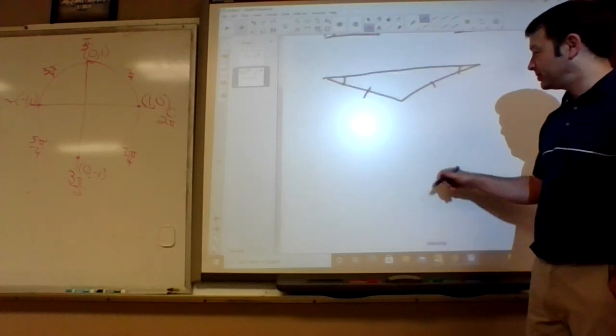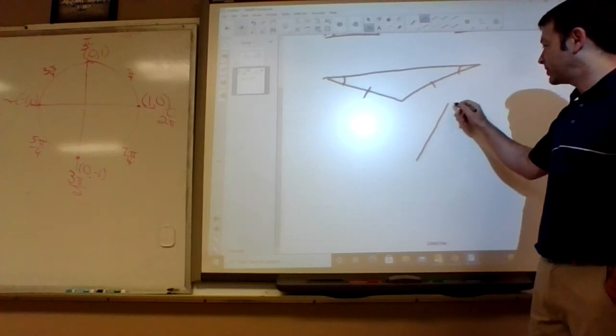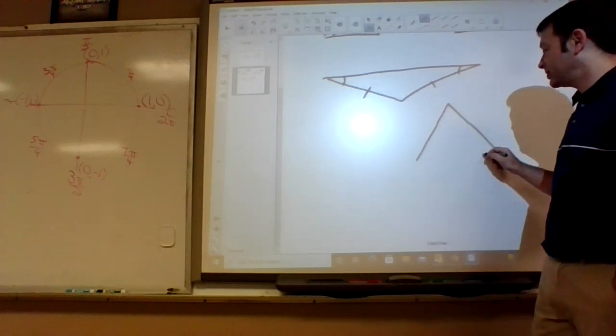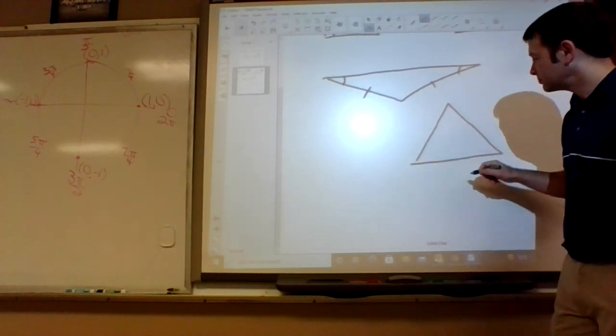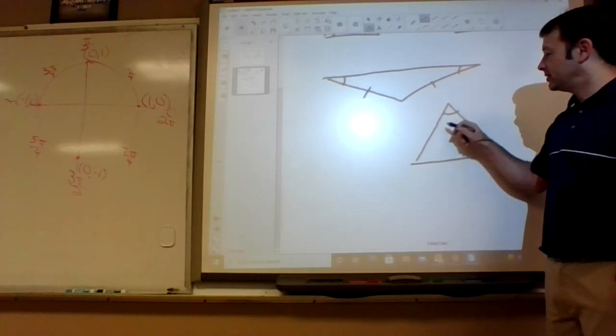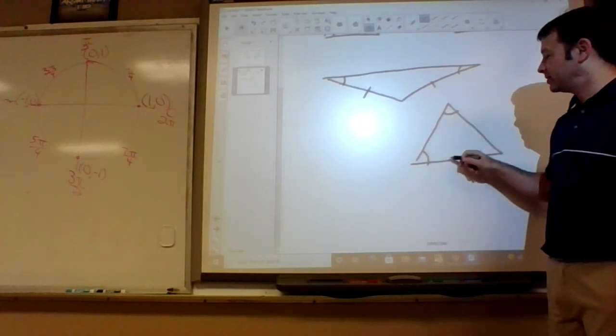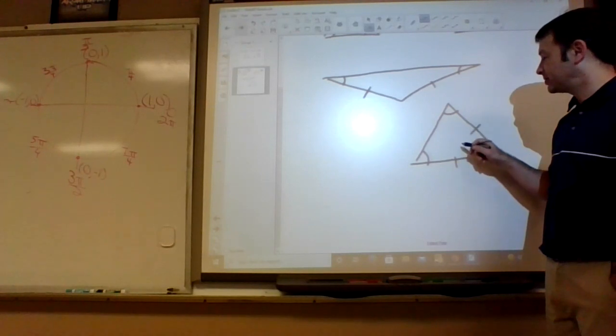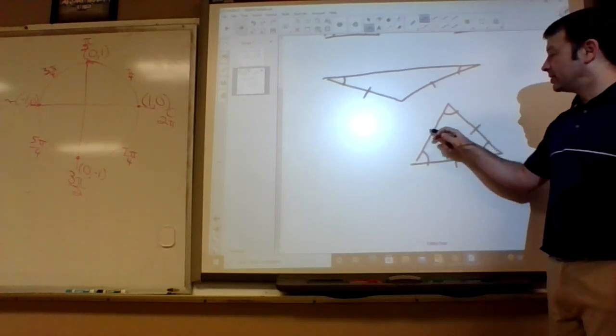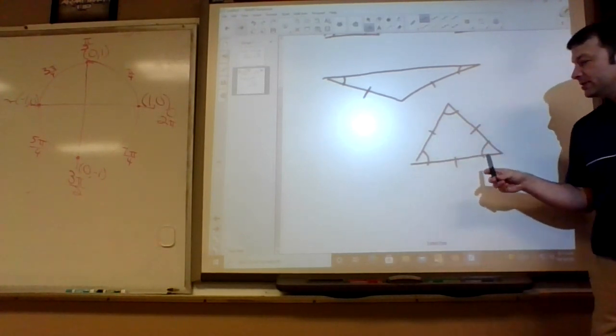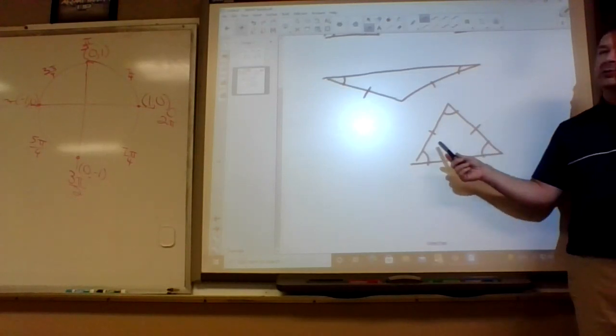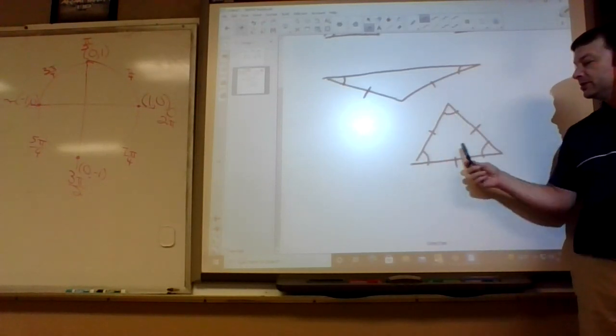Okay, anyways, if that is true, the isosceles triangle theorem, then guess what we know about an equilateral triangle? All sides are congruent. If the angles are congruent, then the sides opposite those angles are congruent. So anyway, an equilateral triangle is also equiangular.